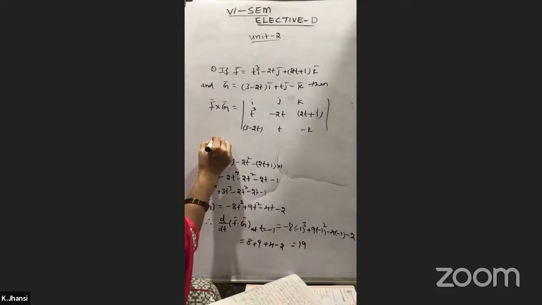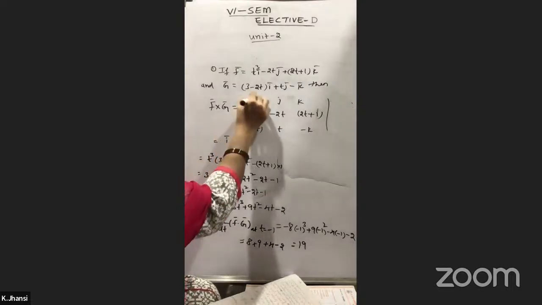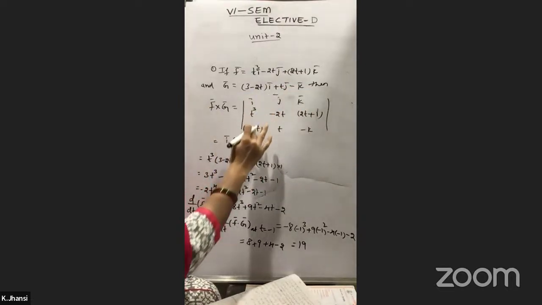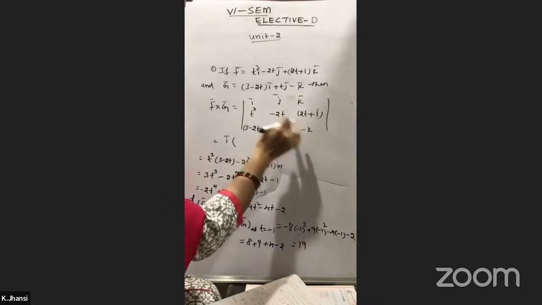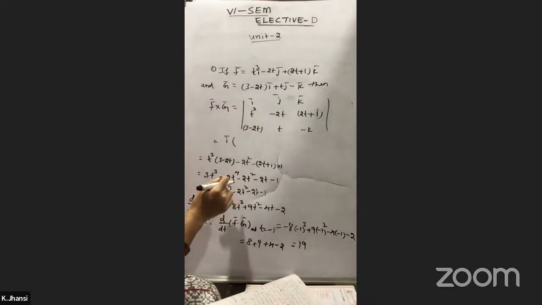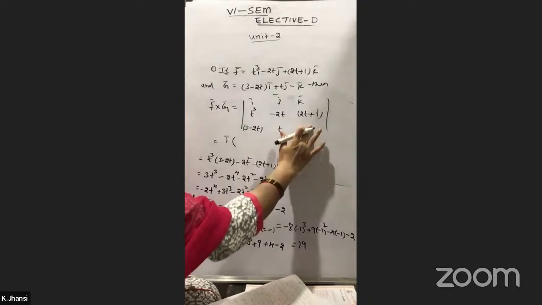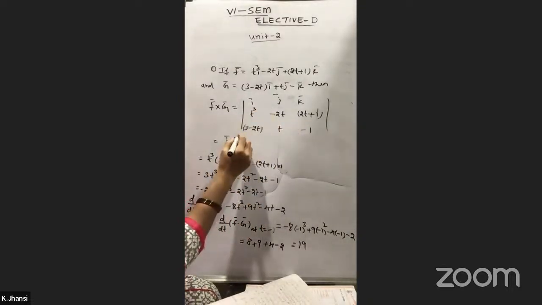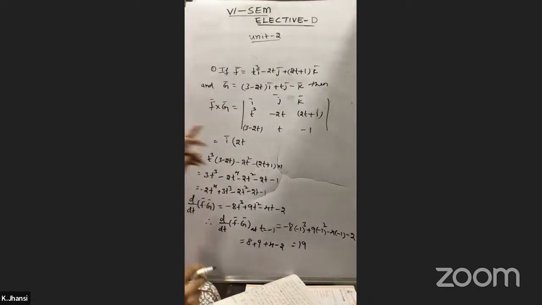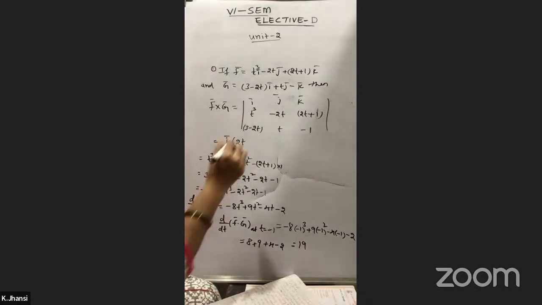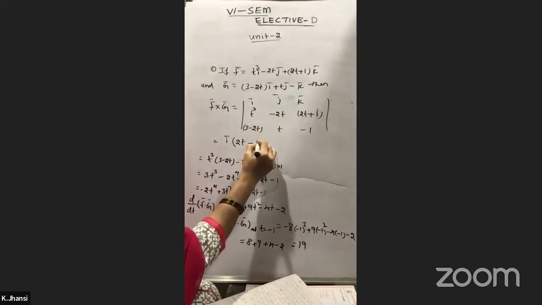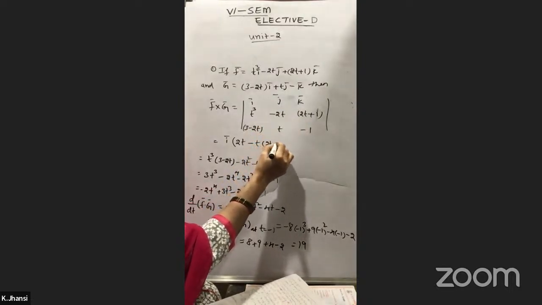So it is equal to i, write it as the vector. i into, if you eliminate this column and this row, minus 1 times minus 2t gives plus 2t, and here minus t times 2t plus 1, that is t into 2t plus 1.